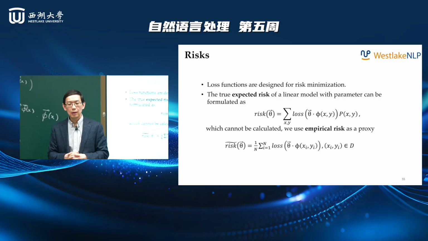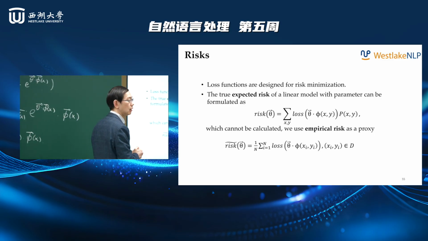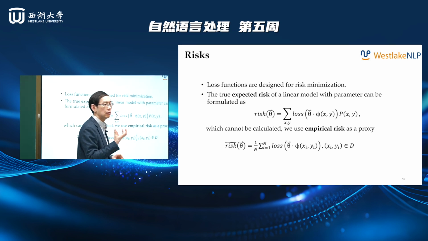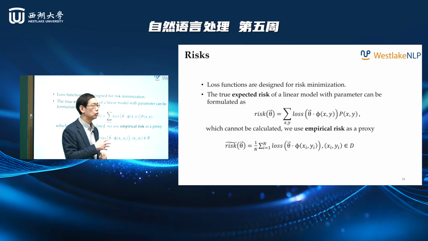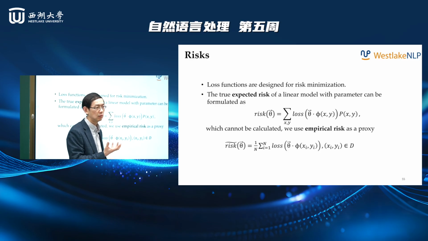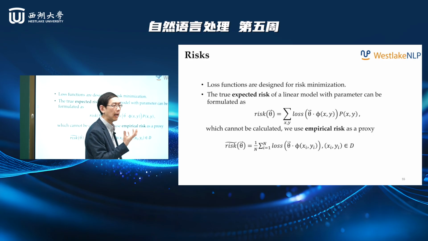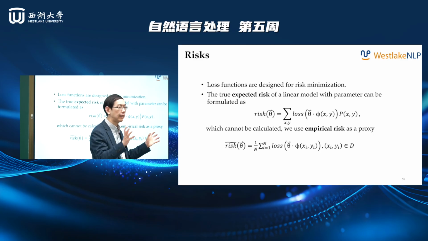So when you define this risk, then you can't help thinking about what is the ultimate goal of training. The ultimate goal of training any model is to minimize the expected risk on arbitrary data. Suppose you can enumerate all possible x and y's.